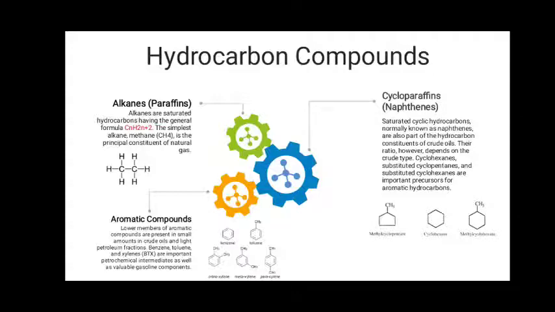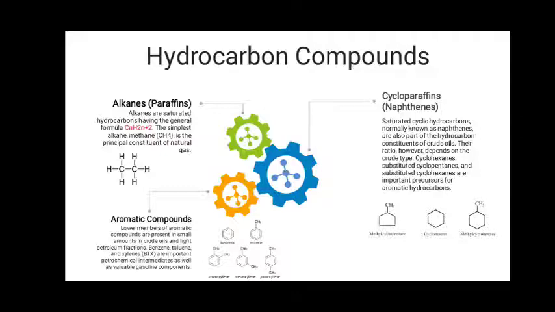Hydrocarbon compounds are generally classified into alkanes or paraffins, cycloparaffins or naphthenes, and aromatic compounds. Alkanes or paraffins are saturated hydrocarbons having the general formula CnH2n+2. The simplest alkane, methane, is the principal constituent of natural gas.